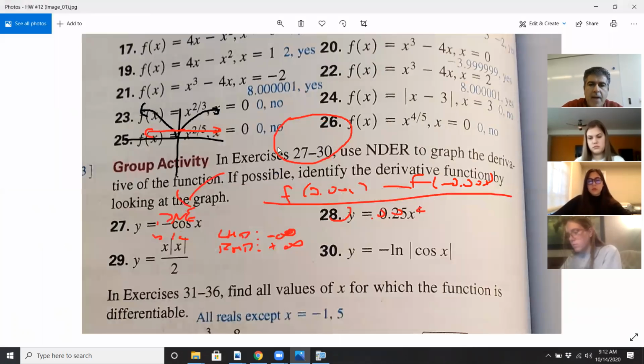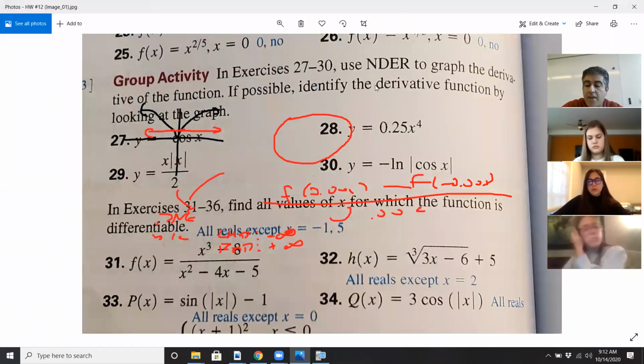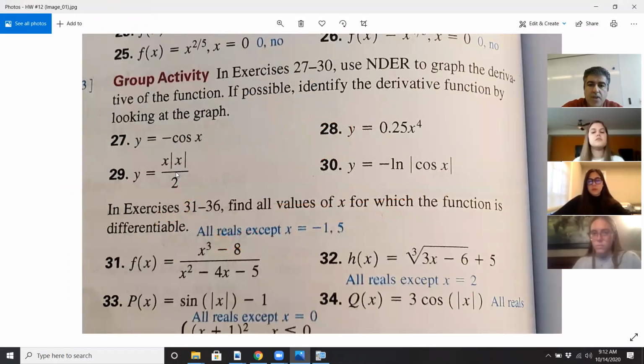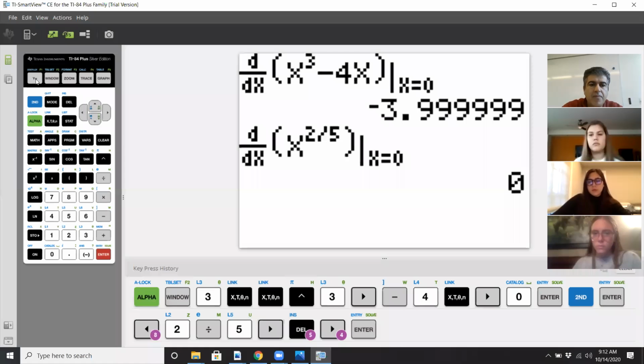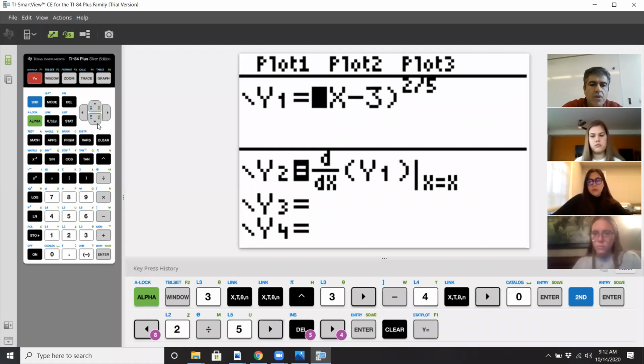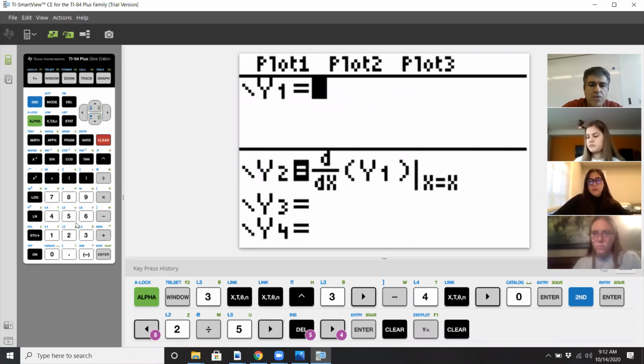Also for homework, I asked you guys to just use the nDeriv functionality in the calculator to graph these, so 27 and 29, and see if you can actually identify what the derivative will look like. So I did this for 27, 29. If I did negative cos x, very nice if you have this already stored.